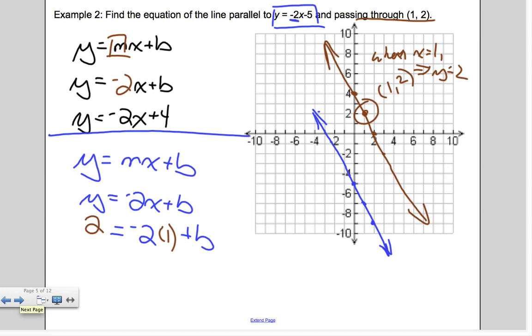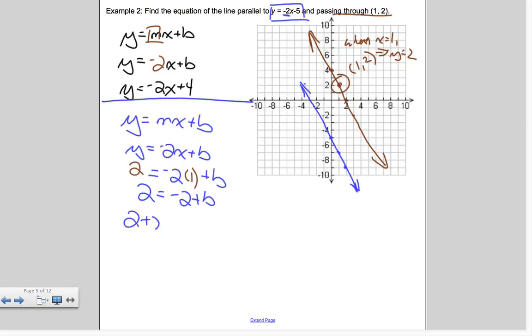Yes. So here I got 2 is equal to negative 2 plus b. How do I isolate for b? Add 2 to both sides. 2 plus 2 equals negative 2 plus b plus 2. I got b is equal to 4. Everybody follow that?